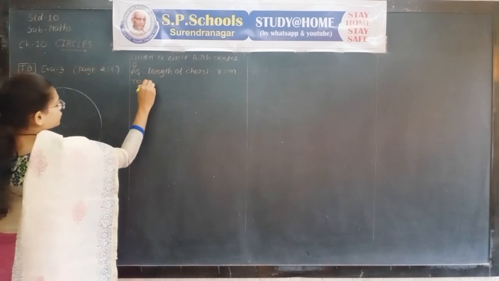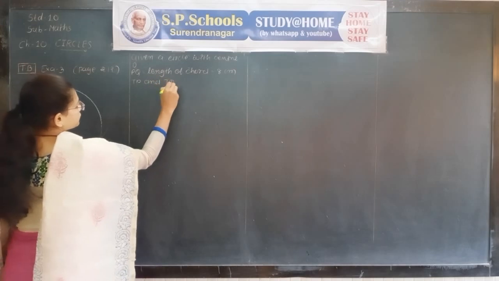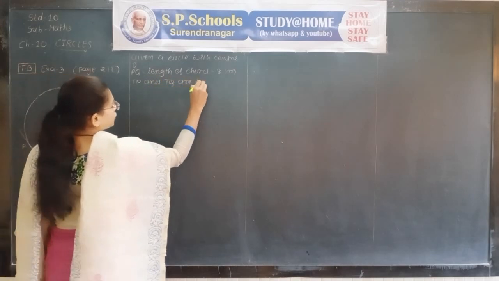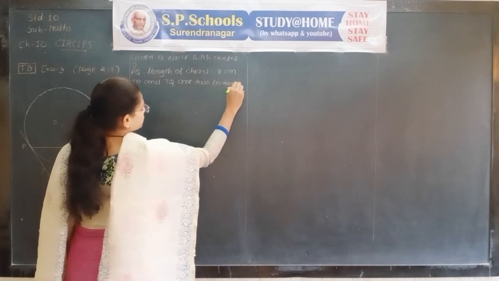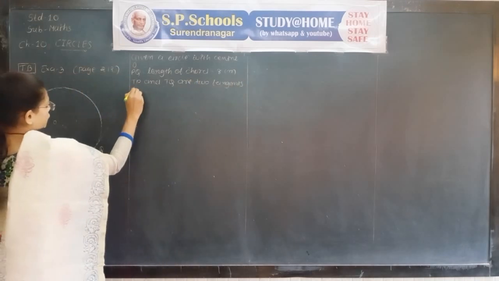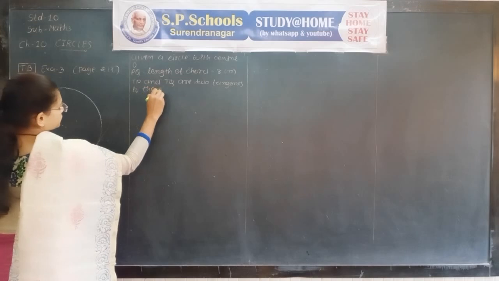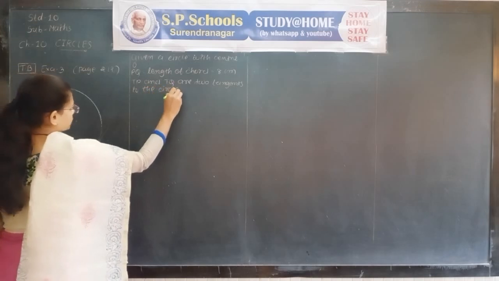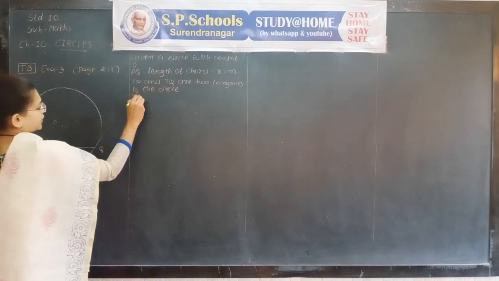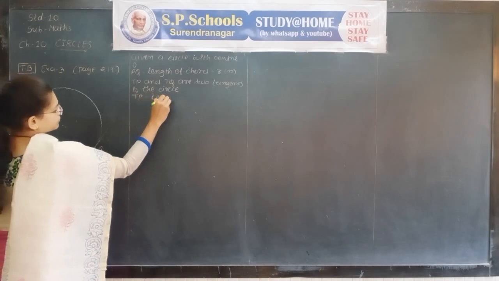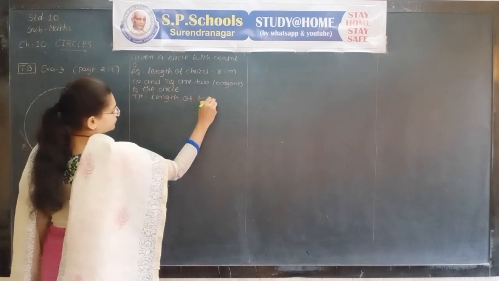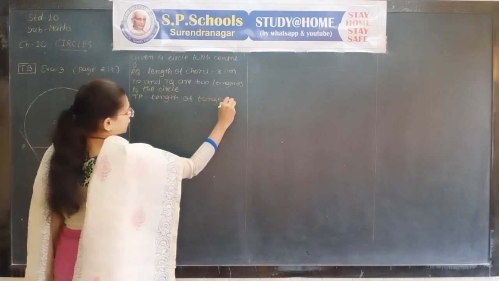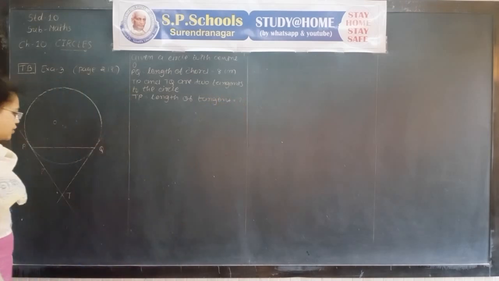TP and TQ are two tangents to the circle. TP, the length of the tangent, is equal to question mark.